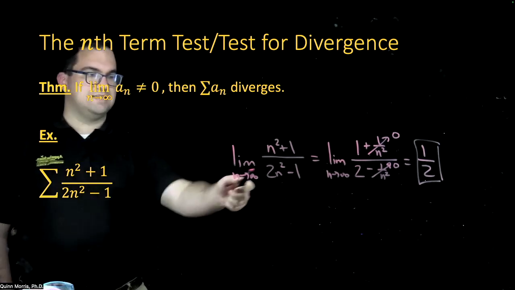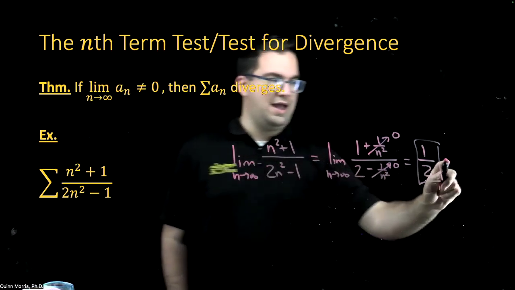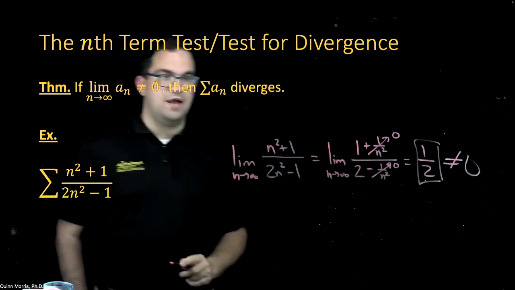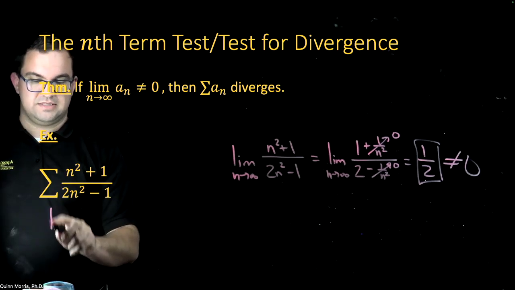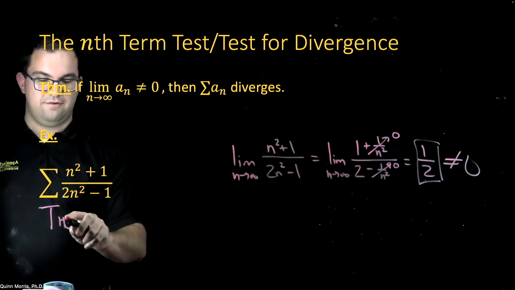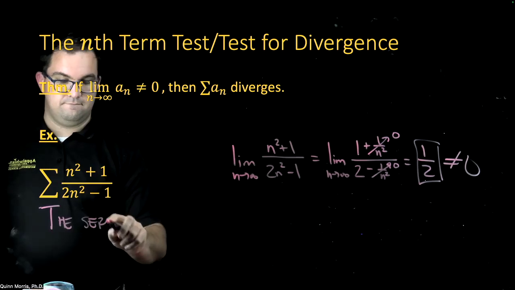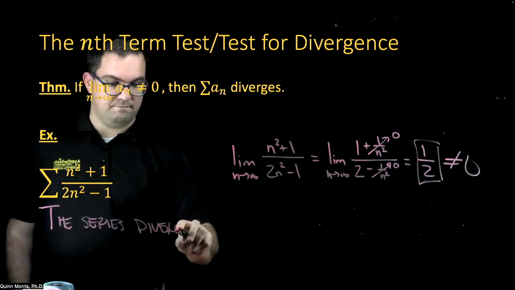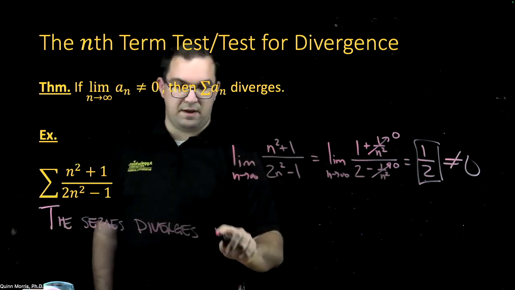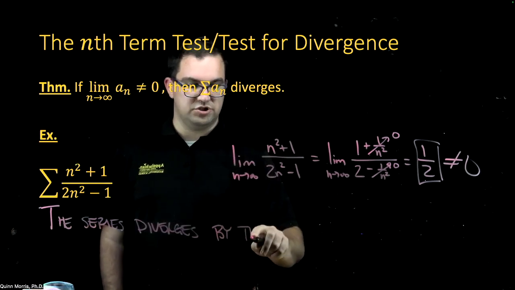So what I see in this case is that this limit is 1/2, which is not equal to 0. And so I could say here that the series diverges by the divergence test.